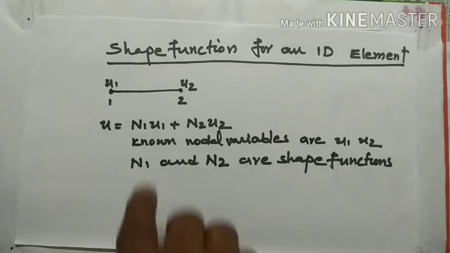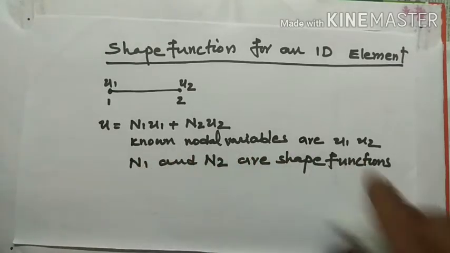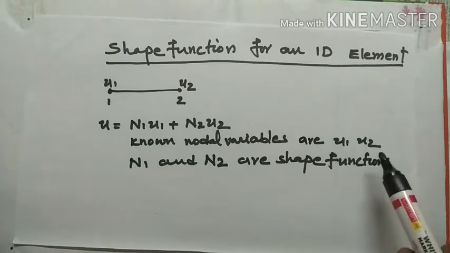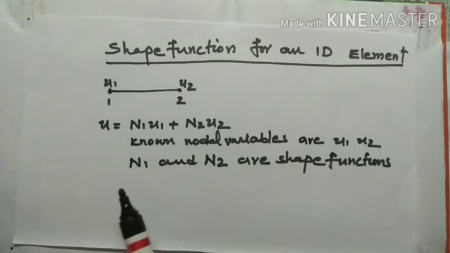In other words, the non-nodal variables are u1 and u2, and n1 and n2 are the shape functions.